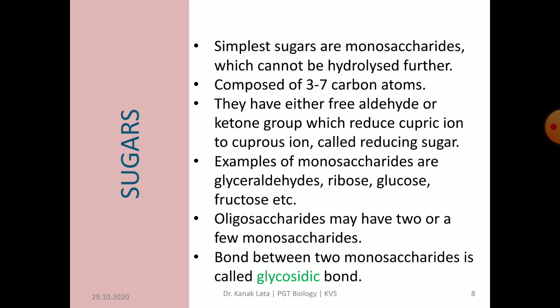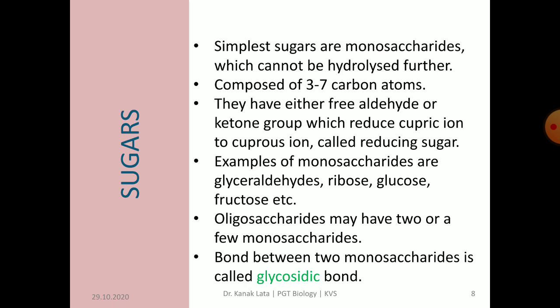They have either a free aldehyde or ketone group which reduces cupric ion to cuprous ion, and are called reducing sugars. Different examples of monosaccharides are glyceraldehyde, ribose, glucose, fructose, etc.